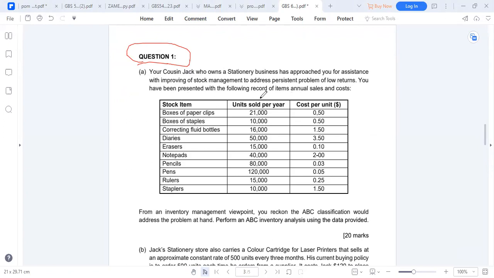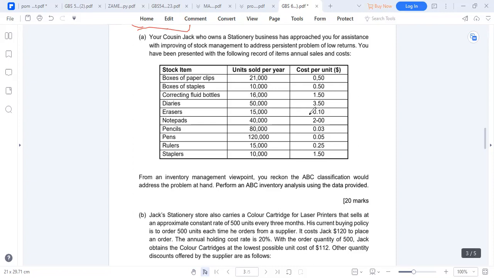So we've been presented with a record of items and annual sales. So we have the stock items: the boxes of paper clips, the boxes of staples, correction fluid bottles, diaries, erasers, notepads, pencils, pens, rulers, the staplers, and all that. So from the information, from the inventory management viewpoint, you reckon the ABC classification would address the problem at hand.